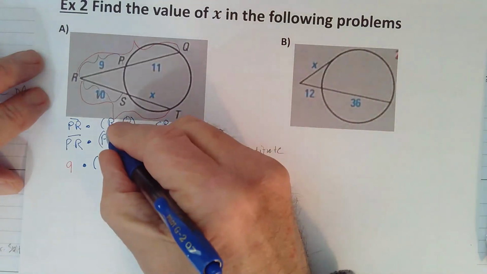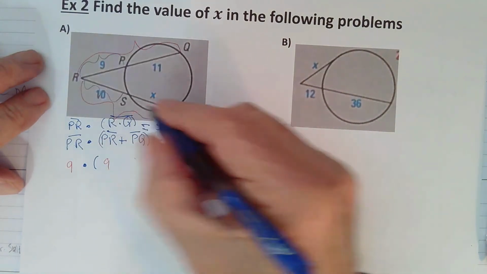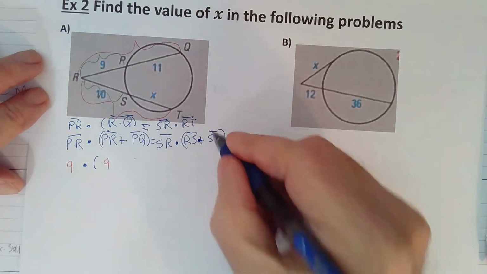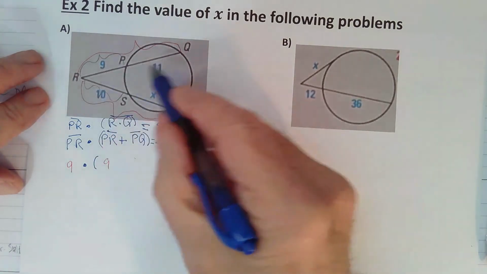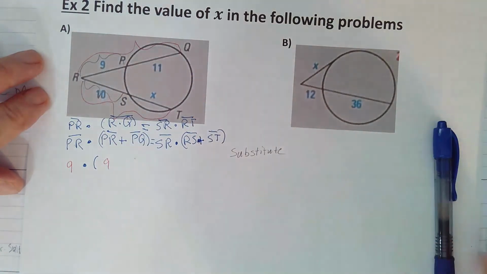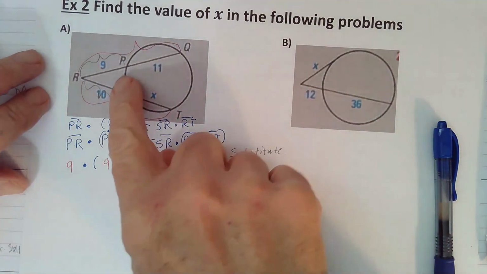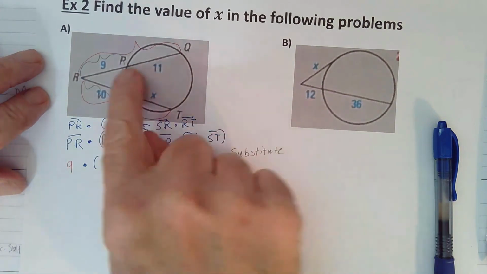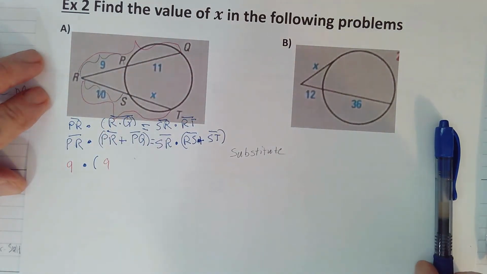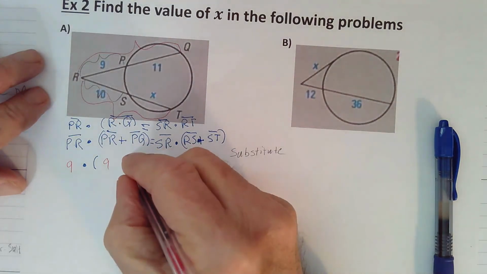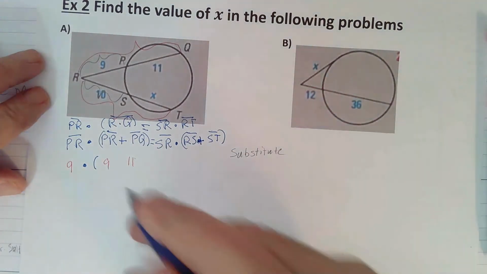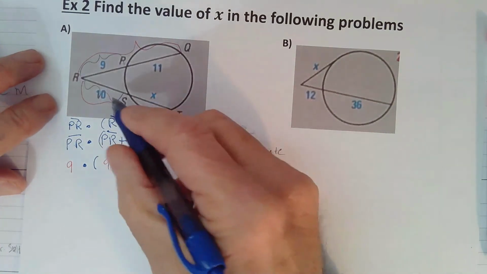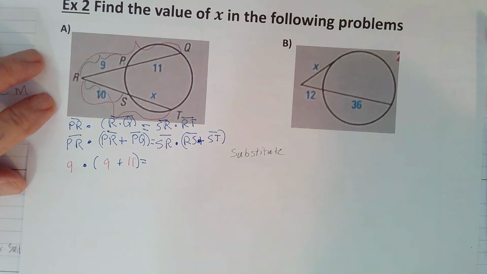By the way, these are line segments, so let's put the line segment symbols over everything. So PR is 9, and then, I'm sorry, P to Q. So this is P to R, this is P to Q. It looked like an R to me. So P to Q is 11 units. So we're going to add 9 plus 11. And that's going to equal SR. SR is the easy one. That's 10 units.